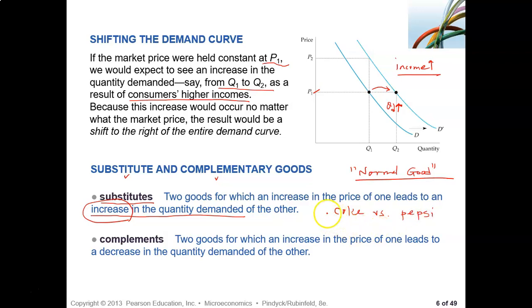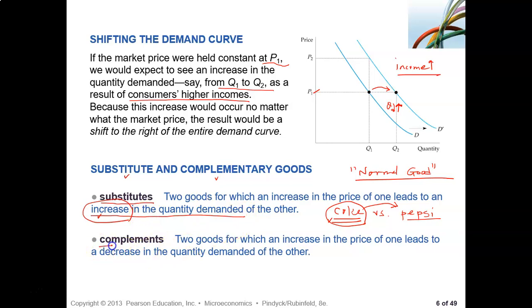If the price of Coke increases, Coke becomes more expensive, many people will then switch to Pepsi. When we go to the grocery store, we are always looking for deals. So if some week the price of Coke increases, people will then switch to Pepsi, so the demand for Pepsi will increase.